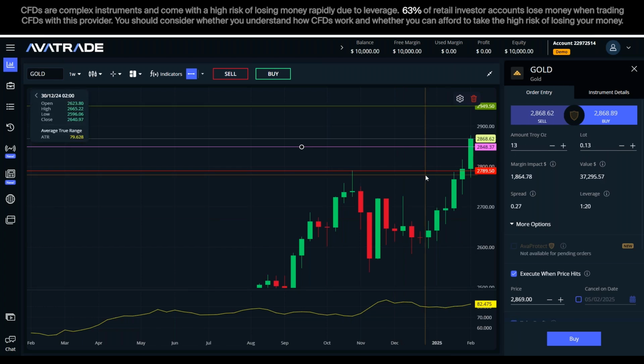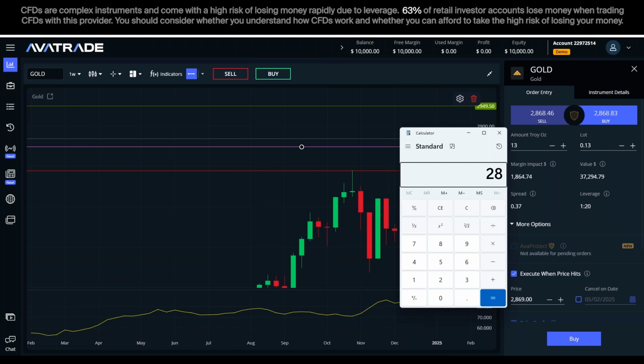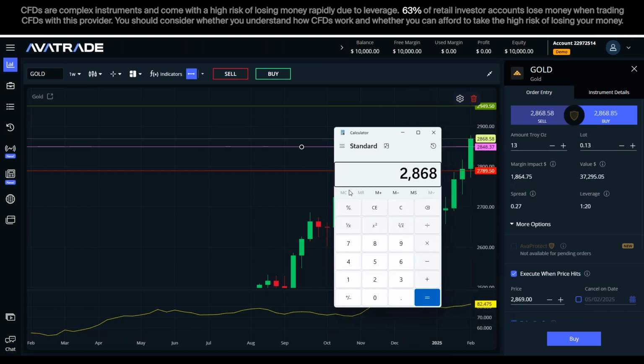Okay, naturally, I would think that the amount that I need will be 2,868 times 13, right? But it's not a real value that I need. It's the value for this position, but it's not the value that I need.